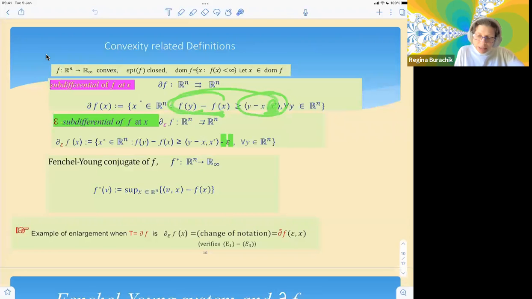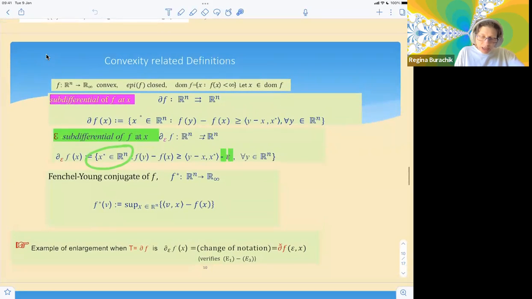So when you have this comparison for every y in the space, then your dual element x star is in the subdifferential. And the epsilon subdifferential tells you that if you relax this inequality by adding minus epsilon, then what you get is a larger set of vectors, and this larger set is called the epsilon subdifferential.